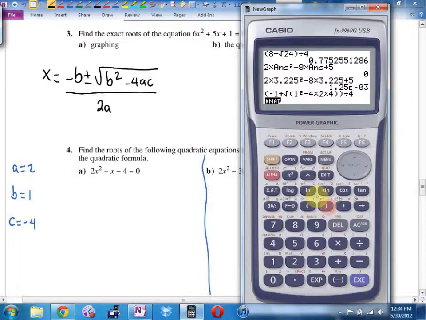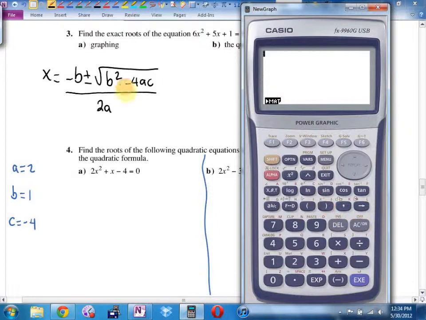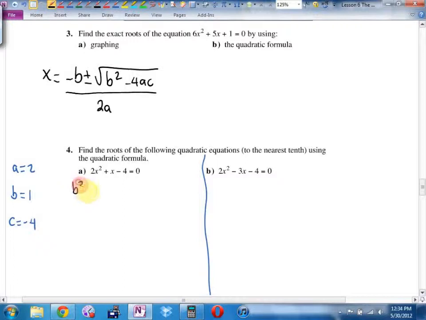So I learned a long time ago, do the square root first. One squared minus 4 times 2 times c, negative 4. What does the inside of the square root work out to?